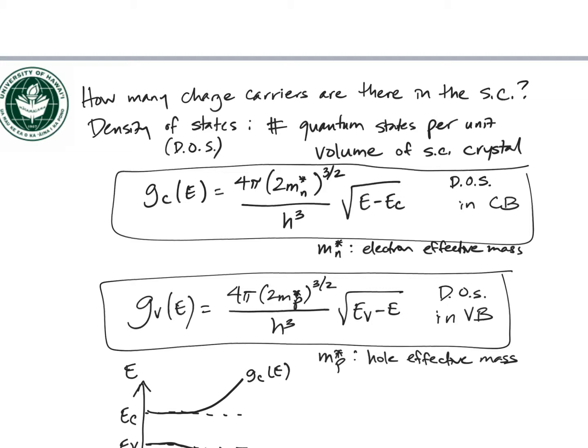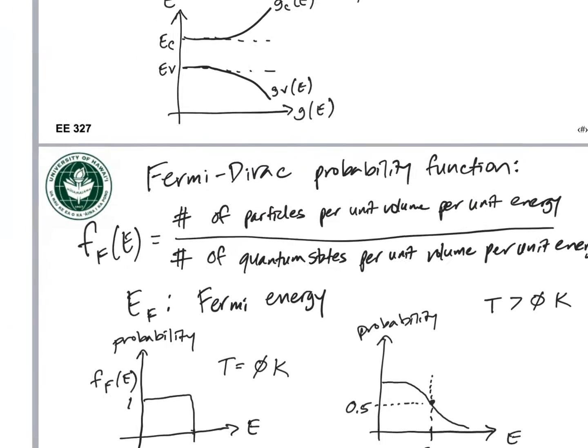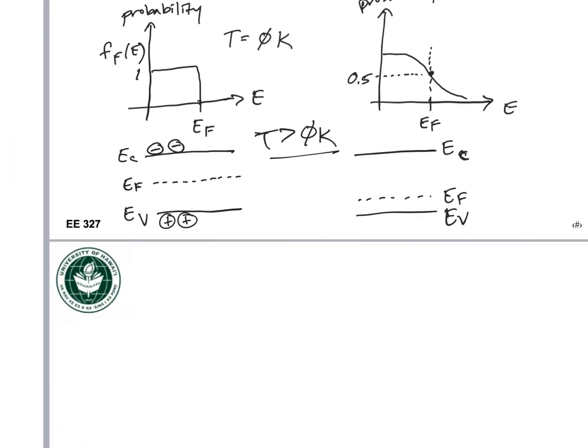I know the theoretical capacity of that material for quantum states. I know the probability now, using the Fermi-Dirac function, that a particular quantum state is filled or empty, but I don't have an answer. How many electrons or how many holes? Okay, so we need to take our two results and put them together.